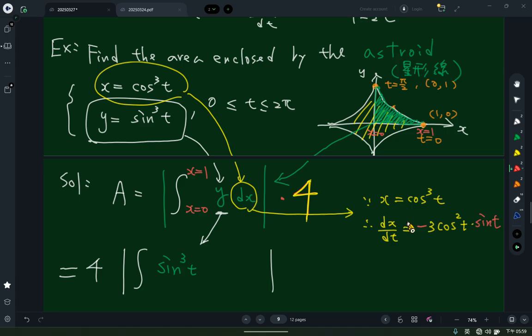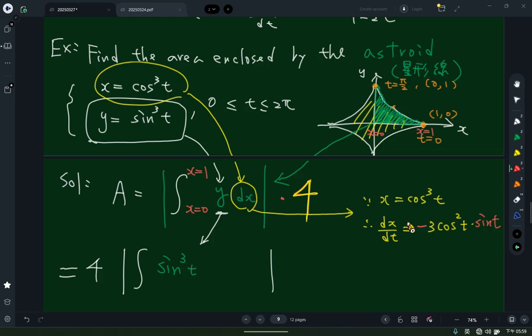Right? Because x is cosine to the power of 3, t, when we differentiate with respect to t, we get 3 cosine square t times the derivative of cosine t, which is negative sine t. Then we just move dt to the right hand side.